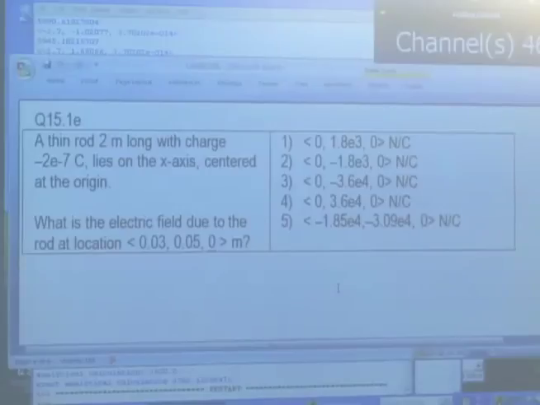What is the electric field as a vector due to the rod at location 0.03, 0.05, 0 meters? So talk to your neighbor, draw a picture, think about approximations. Are we able to get away with using the approximations that we talked about in this case or not? And think about the direction of the field.